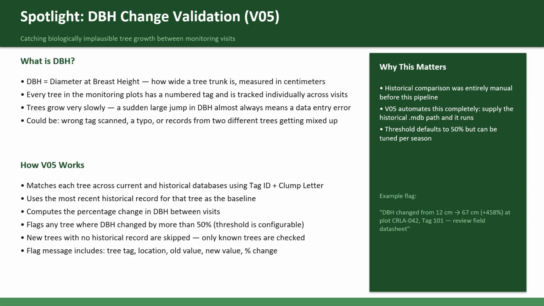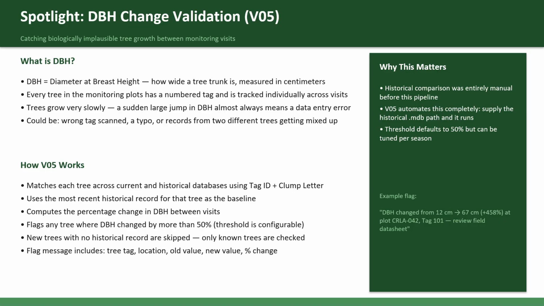The first validation I'll focus on is DBH, which stands for Diameter at Breast Height. This is the standard measurement for how wide a tree trunk is. Because trees grow slowly, any jump of 50% or more between monitoring visits is almost certainly a data error and not real growth. This usually means a wrong tag was scanned, a typo was entered, or 2 separate tree records got mixed up.